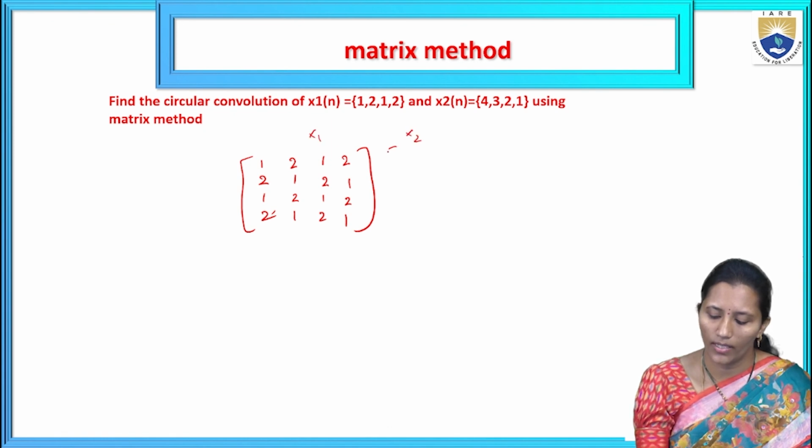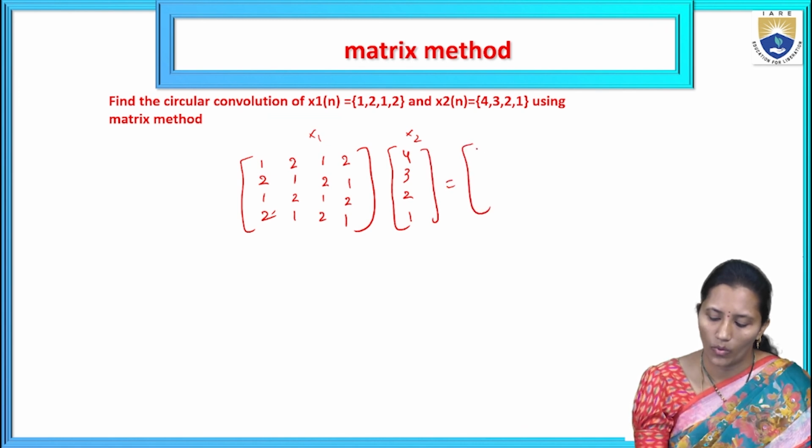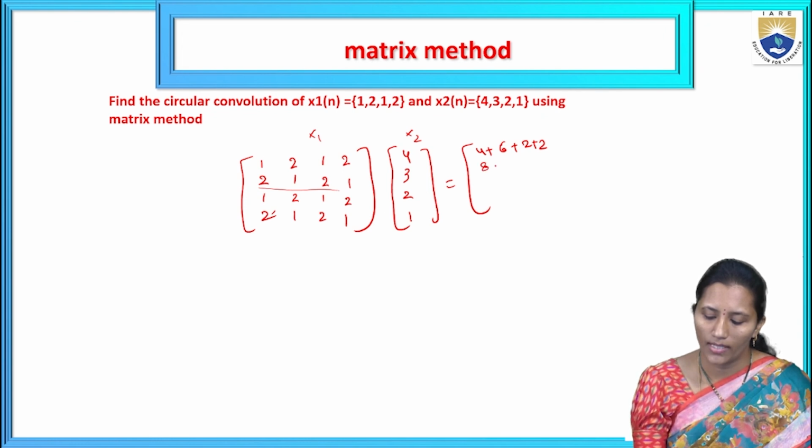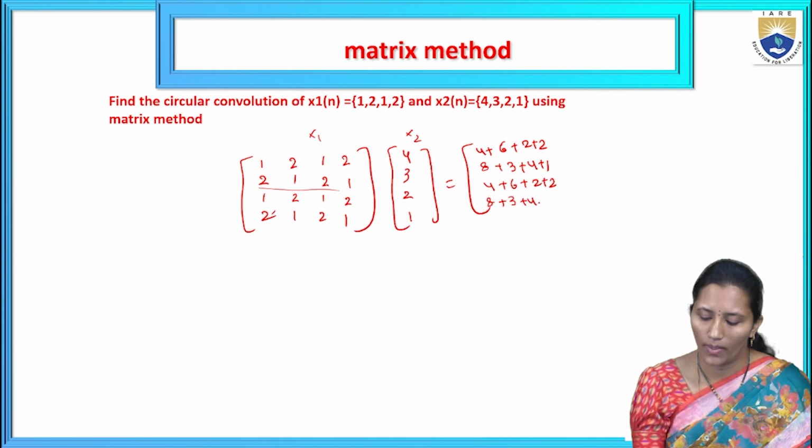And x2, whatever the sequence is there, write down the same sequence and multiply the corresponding values. 4 plus 6 plus 2 plus 2, and multiply this with this column. 8 plus 3 plus 4 plus 1, 4 plus 6 plus 2 plus 2 and 8 plus 3 plus 4 plus 1.